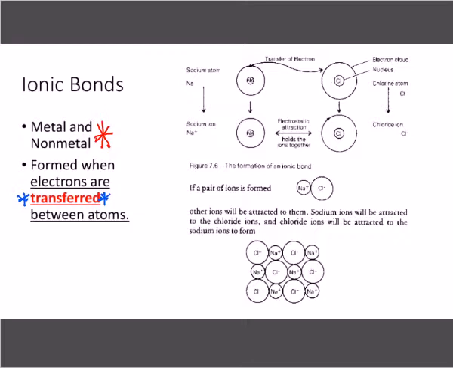Now, even though I say metal and nonmetal, we're going to learn in our next unit, guys, there's these things called polyatomic ions. Okay? So I'm going to jot that down. So you can either be between a metal and a nonmetal or a polyatomic ion with a nonmetal.